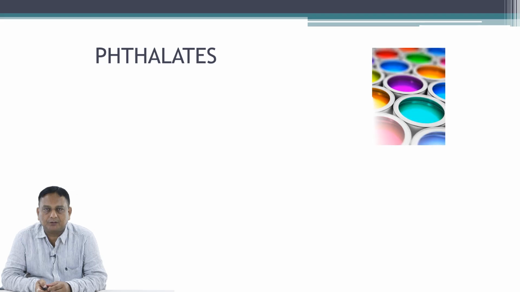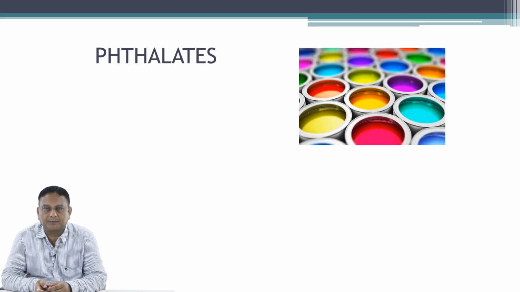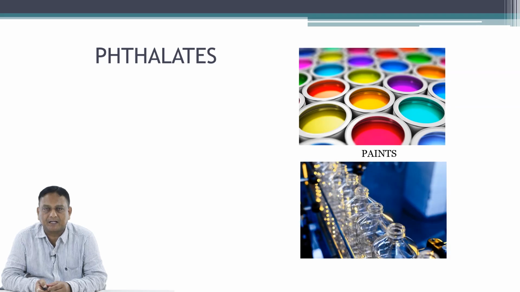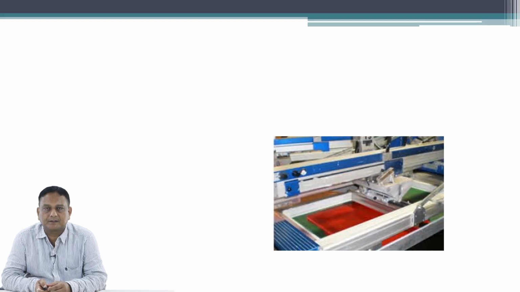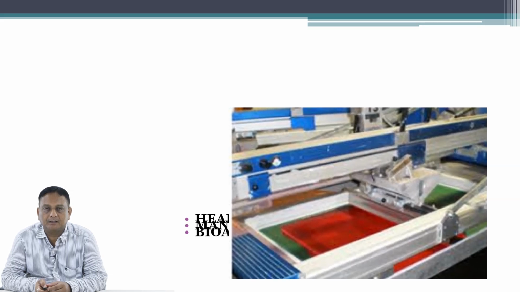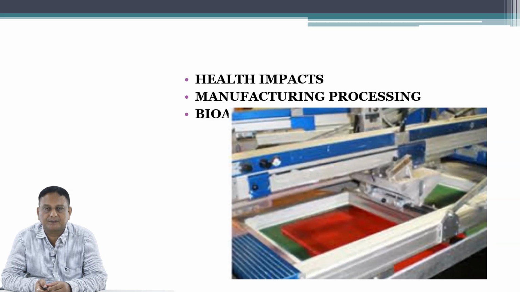Now phthalates have different applications, like printing ink and paints. Phthalates can also be found in plastic bottles. In the screen printing area, phthalate is very essential. It is bioaccumulative, and there is a health impact also.